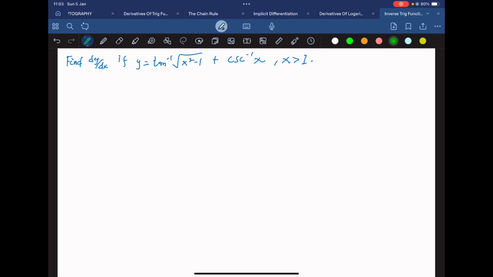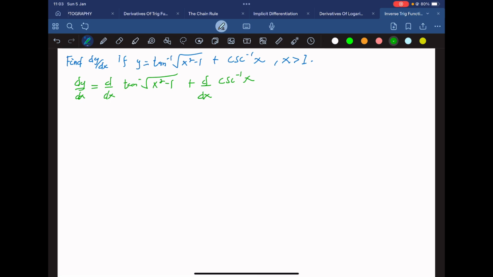Okay, so let's differentiate. First of all, we differentiate both sides. So we have the dx of tan inverse of square root of x squared minus 1 plus the dx of the last term.